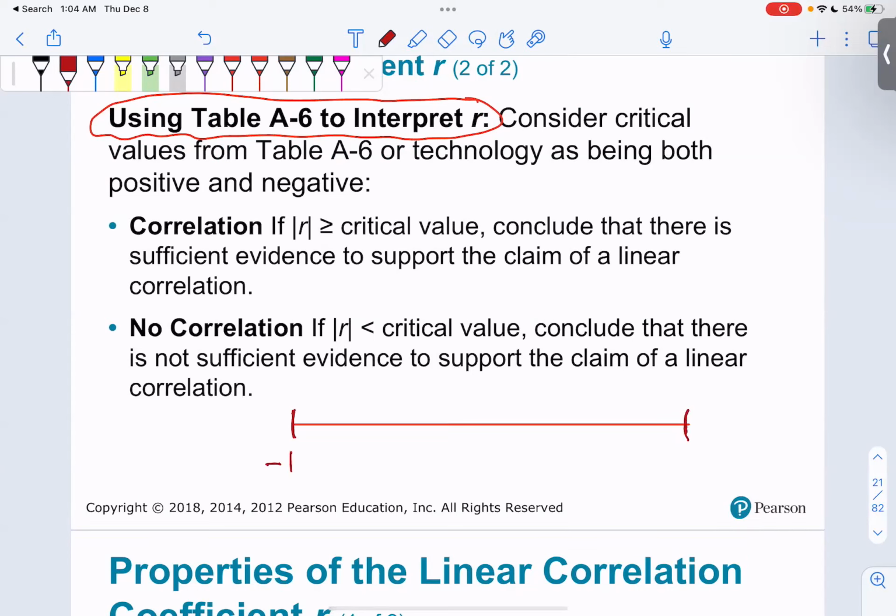From -1 to 1, and here we have 0. And we will get just 2 values. Those 2 values, we call them the critical values. Let's say R critical, one positive and one negative.